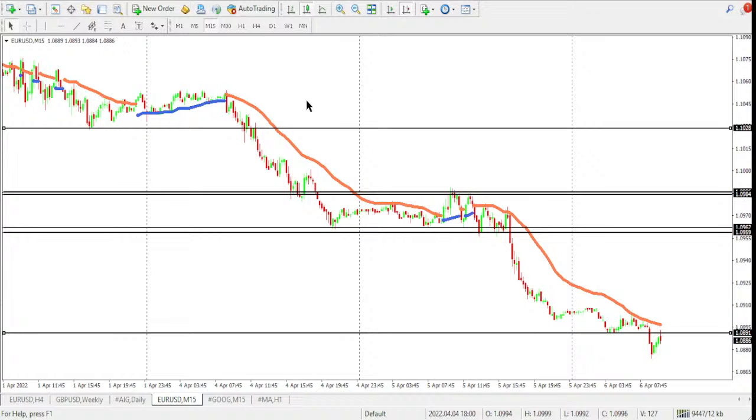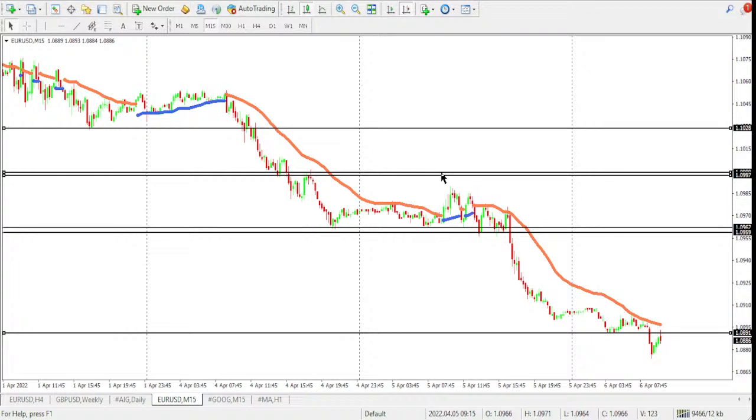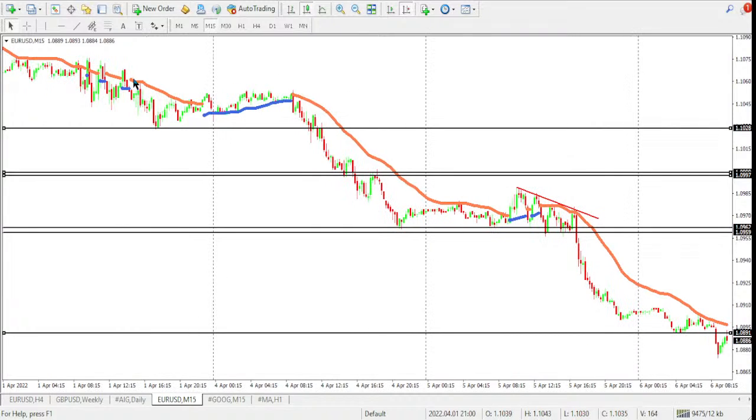Other than that, there are some shapes which we'd like to look at. We have a shape here, we have another one here, and then we have another one there.